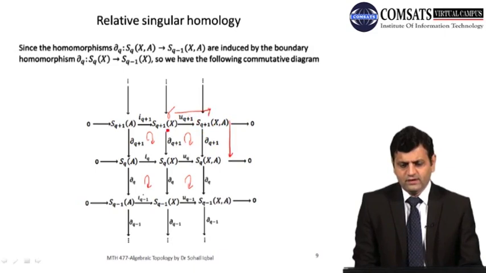Now if I apply the boundary operator first and then apply this Uq, then I reach the same point, because in fact I'm applying the same boundary operator both times.